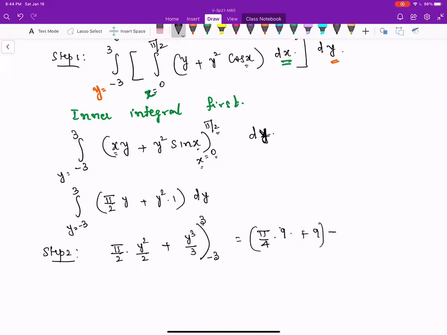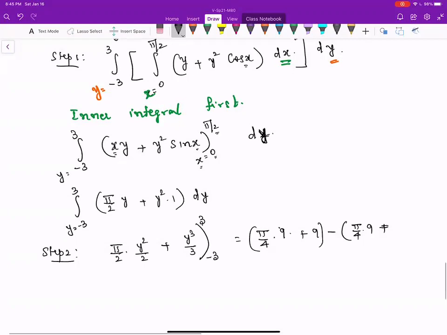Then minus, at the lower limit, you are going to plug in negative 3 for y. So it is pi by 4 times negative 3 square, which is positive 9. Then at the lower limit, it's going to be plus negative 3 cube over 3, which is equal to negative 27 over 3.